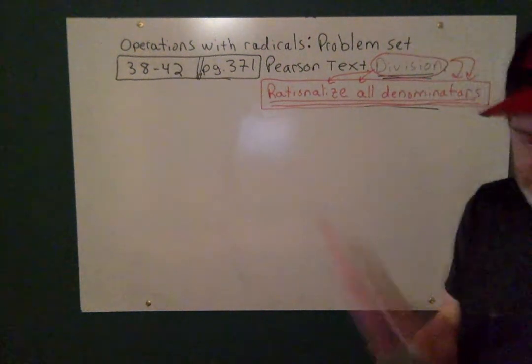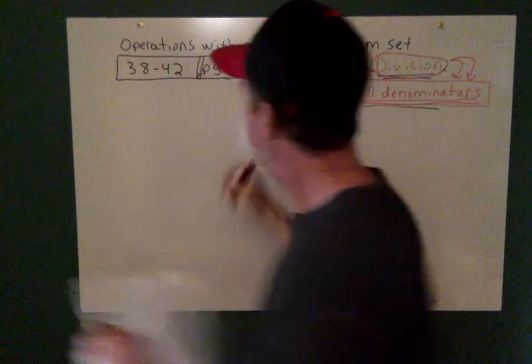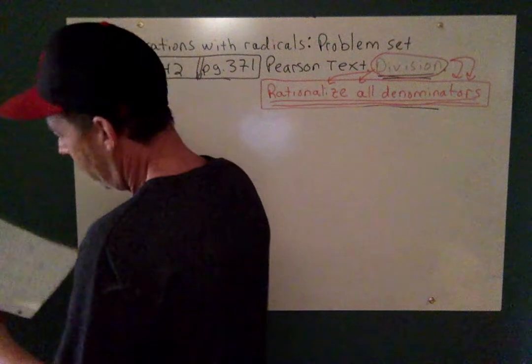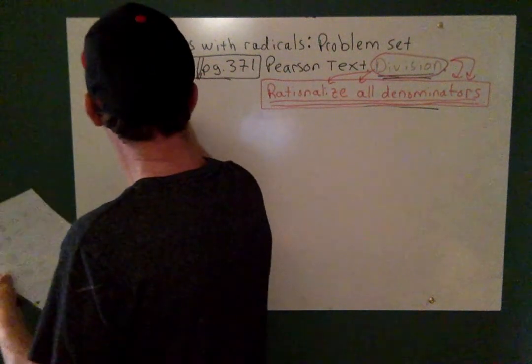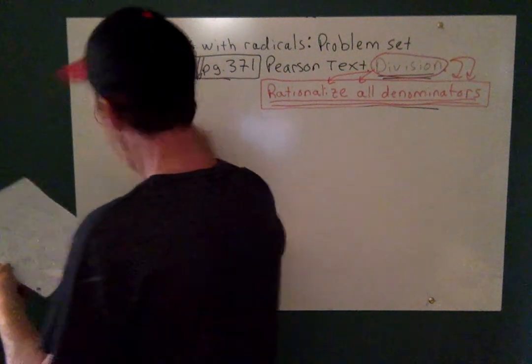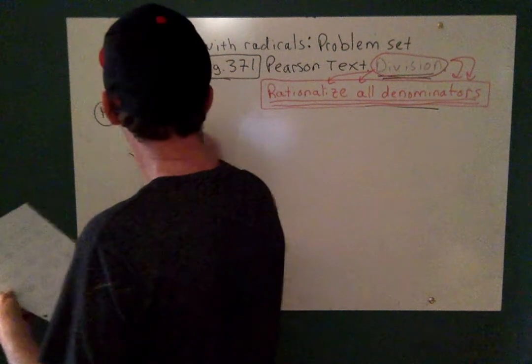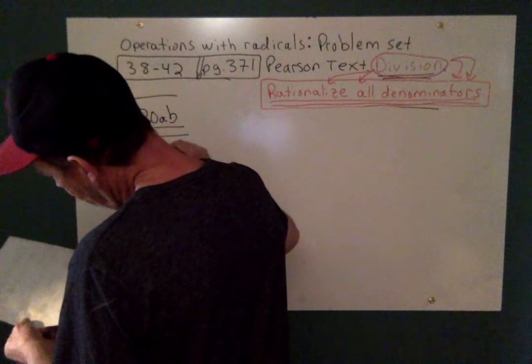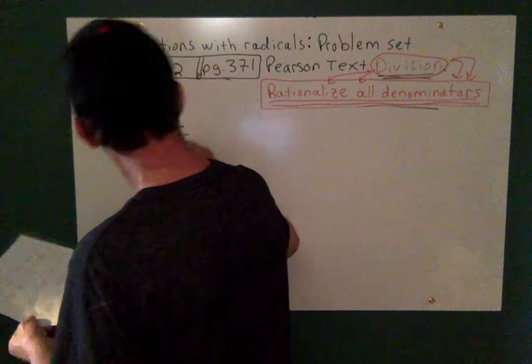Here we go for the last problem in the set. We have 42, the square root of 20ab over the square root of 45, looks like a squared b to the 7th.